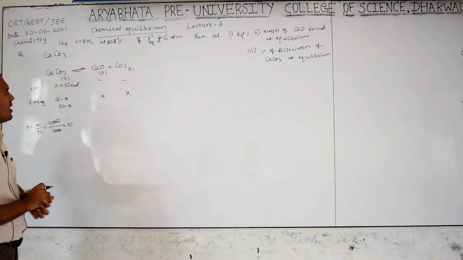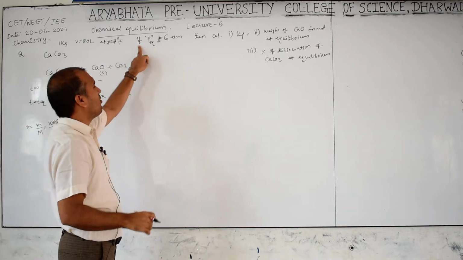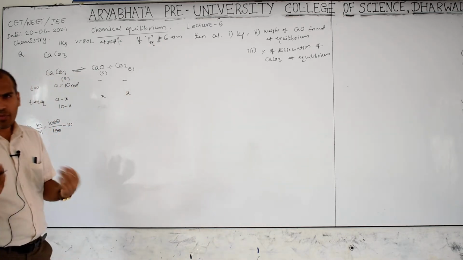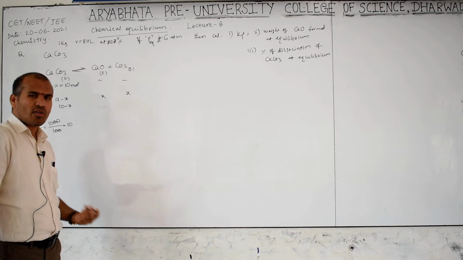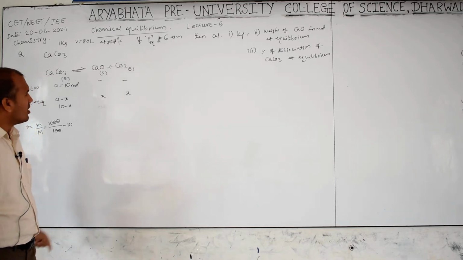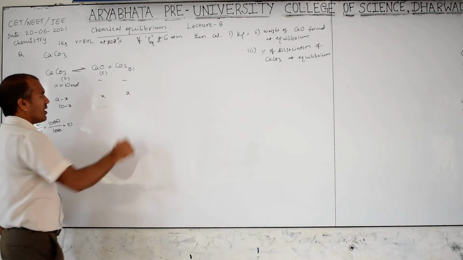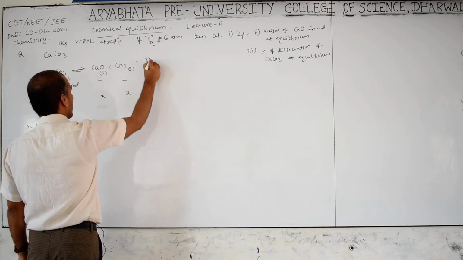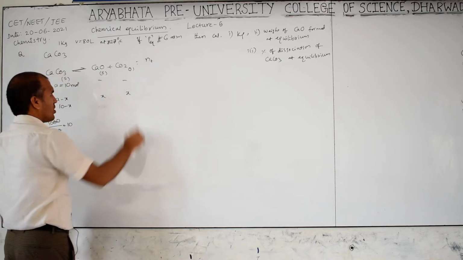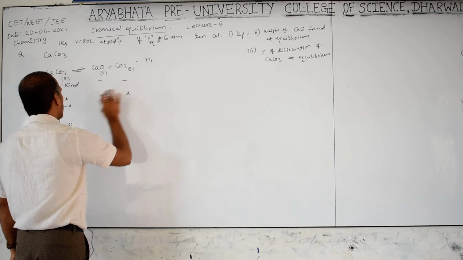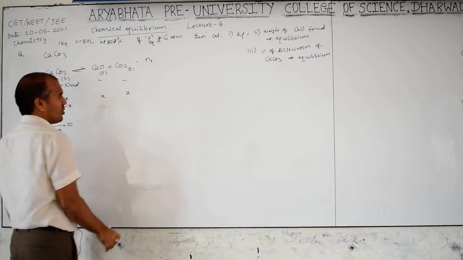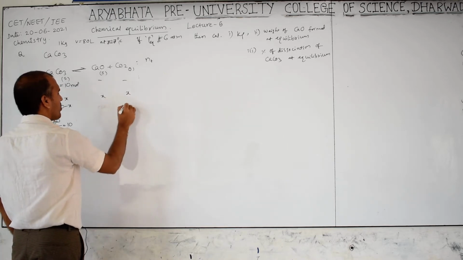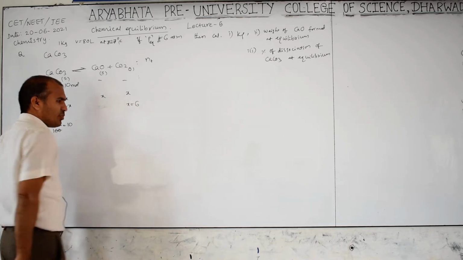Then they give that the pressure at equilibrium is 6 atmosphere. Generally pressure is developed only due to gas, not solid or liquid. Since this is solid, the total number of moles with respect to gas is only X, so X is equal to 6 atmosphere.